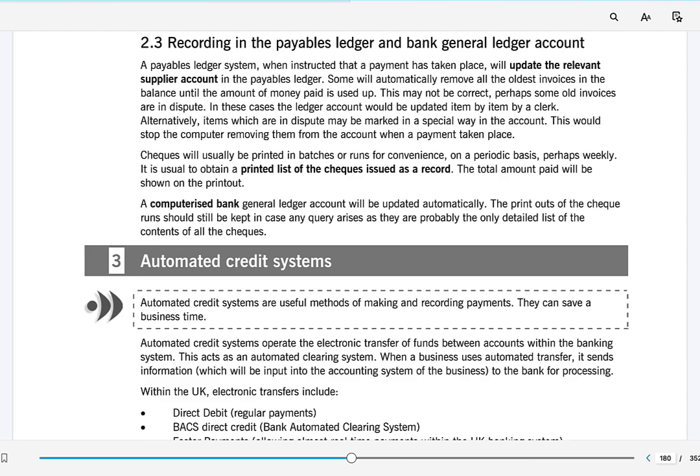What the computer will normally do automatically. Most payables ledger systems are designed to allocate or match the payment automatically. What does that mean? It means the system will automatically choose which invoices get paid first. And the most common rule is the system pays the oldest invoices first. So in our example, the system will probably do this. Pay invoice 1, $300.